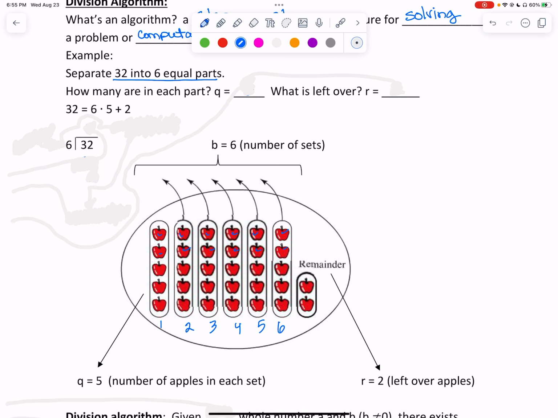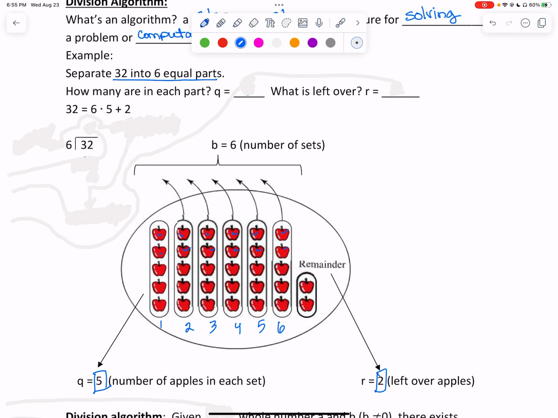How many do we have in each of our boxes? Notice we have 5 apples in each box, okay? So how many are in each part? We've got 5. And then how many are left over? We have 2 left over, okay?